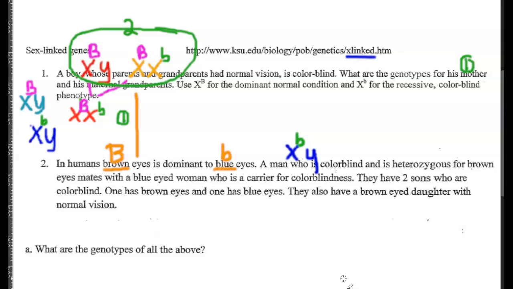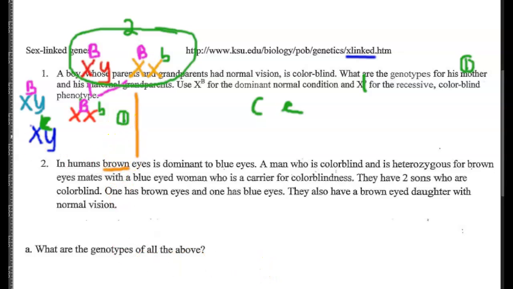Maybe I'll change this. I don't know what we should do. Let's make these C's. So we're going to use C's up here. I'm not going to redo everything.